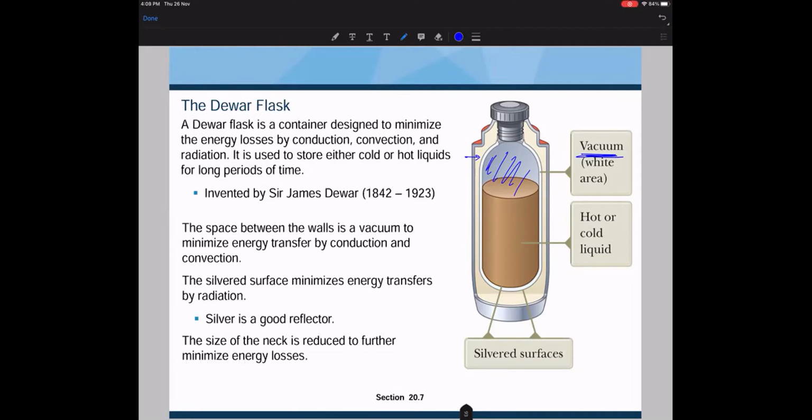And also, because you do not have the air particles, you would also minimize the heat transfer by convection as well, because you do not have any flow of the air during the heat transfer process, because the air is simply absent in the vacuum. And finally, the silvery surface inside the thermal flask, according to Stefan's law, which we have not introduced, are good reflectors, and that would reduce the amount of heat transfer by radiation.